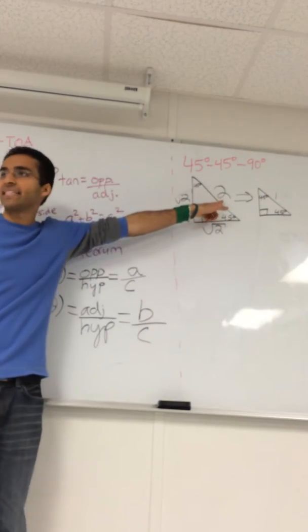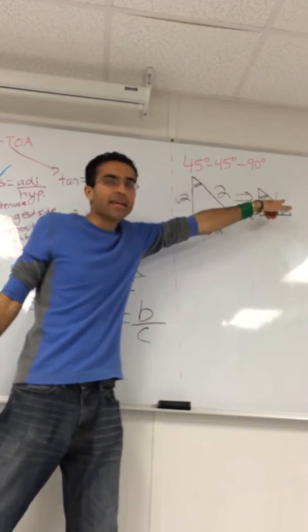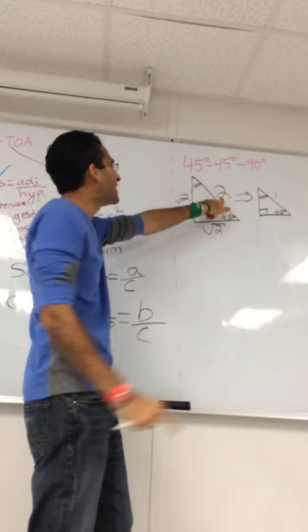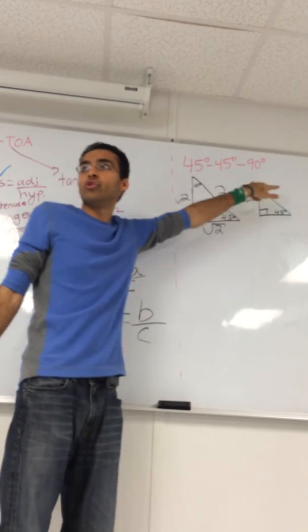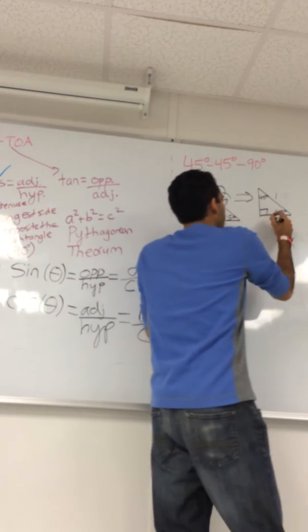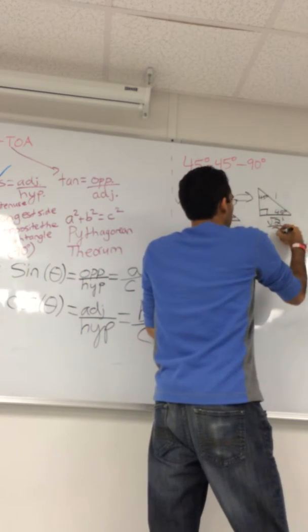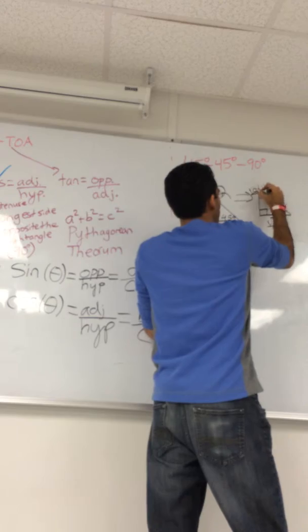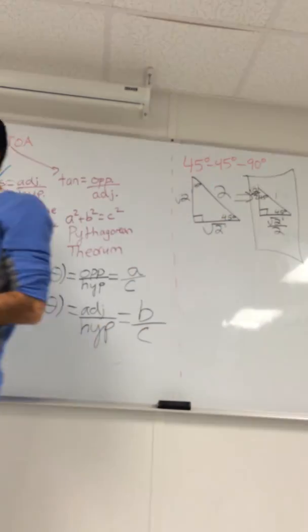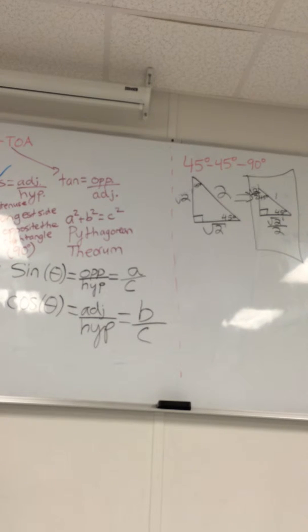Instead of having one that has a hypotenuse of 2, let me just make the hypotenuse 1. Let me draw it a little smaller. So how did I get here? I said, well, let me divide the 2 by 2 to get 1. So I'm going to say, let me divide this to get root 2 divided by 2, root 2 divided by 2. This is money in the bank. This is money in the bank for the unit circle.